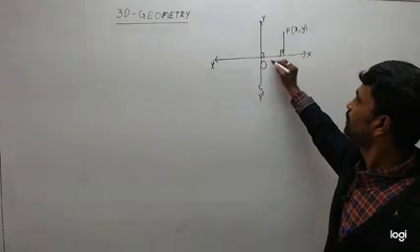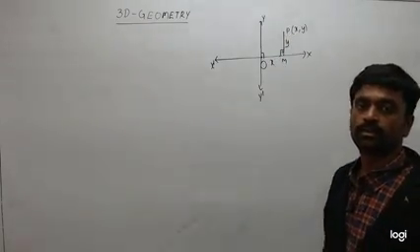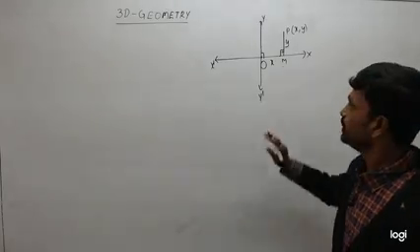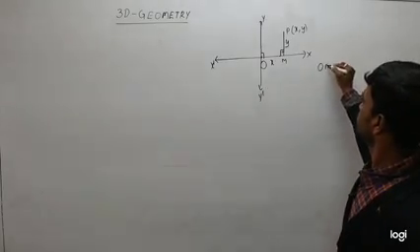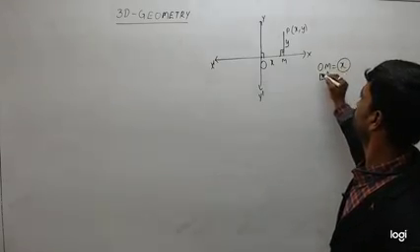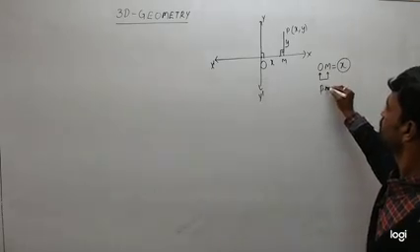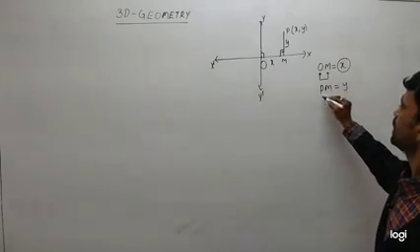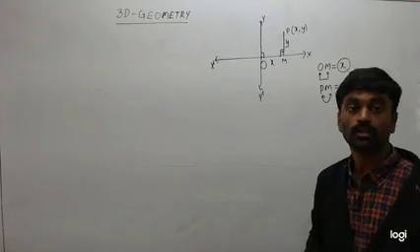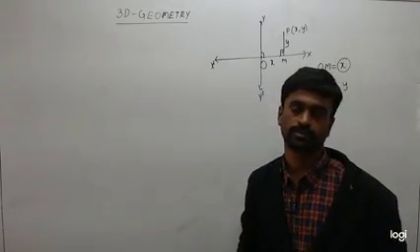So OM will be x. PM will be y. Here OM equal to x denotes the algebraic distance between O and M, and PM equal to y denotes the algebraic distance between the points P and M. So what is the difference between distance and algebraic distance?